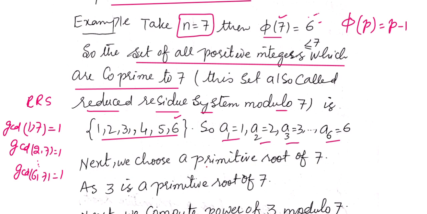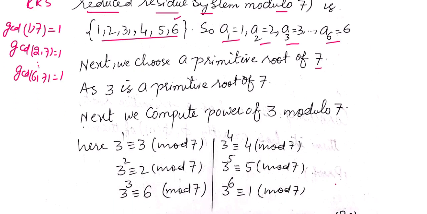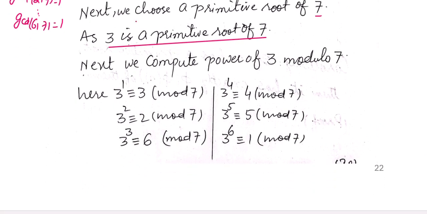Next we choose a primitive root of 7. In our previous lectures, I proved that 3 is a primitive root of 7. Here we will again show 3 is a primitive root of 7. Next we compute powers of 3 modulo 7.